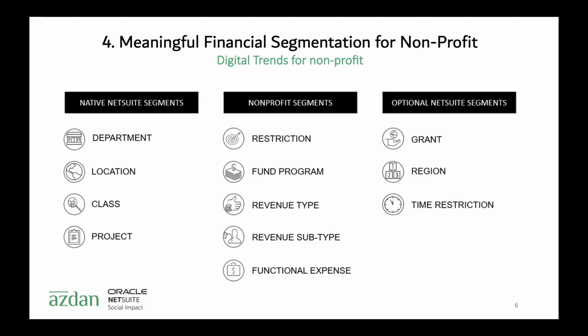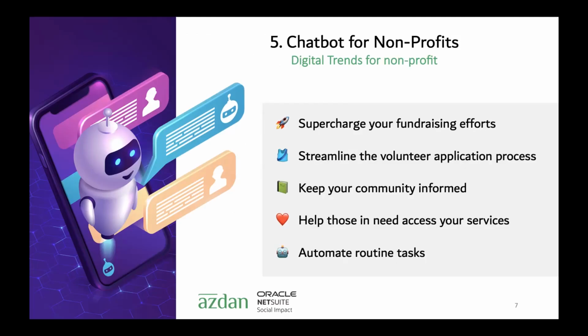The other trend I have over here is the chatbot. We know we now need to rely on the technology in order to perform certain, I can call it, repetitive tasks. I need to supercharge the huge efforts that we are doing for fundraising operations, as an example.